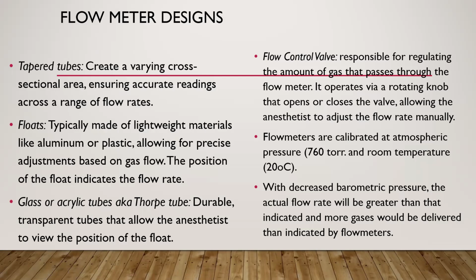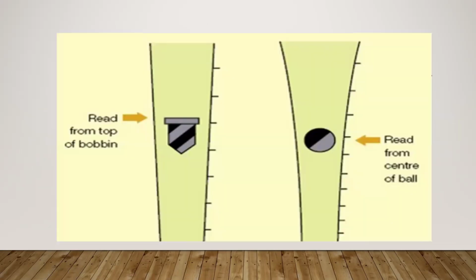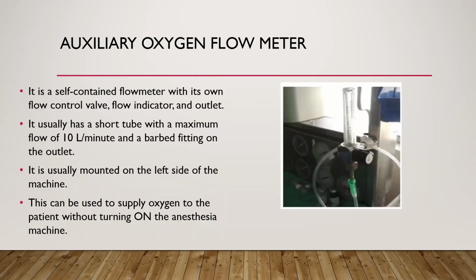We're going to come to that when we're talking about safety features. So we have an auxiliary oxygen flow meter in most of our anesthesia machines. This is a self-contained flow meter with its own flow control valve, flow indicator, and outlet. It's not part of your flow meter bank.